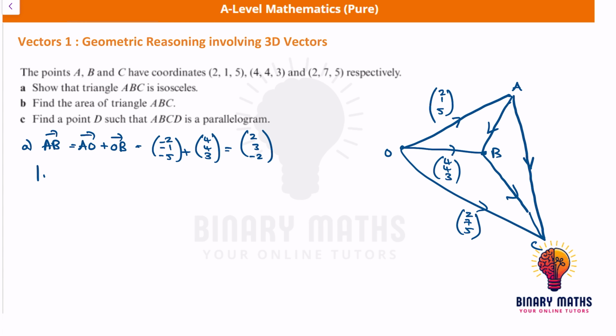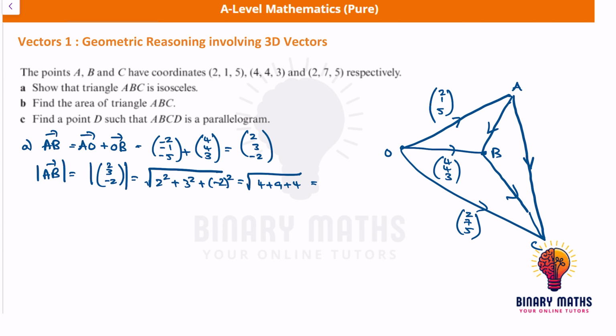So the magnitude of A to B is equal to the magnitude of (2, 3, -2), which is the square root of 2 squared plus 3 squared plus (-2) squared, which is equal to 4 plus 9 plus 4, square rooted, which is the square root of 17.